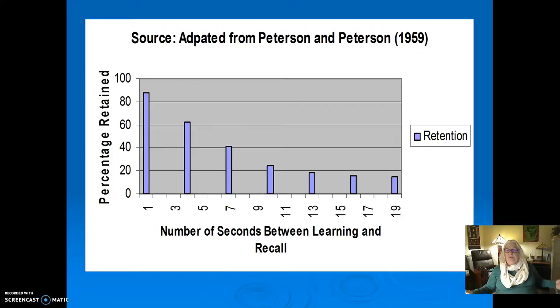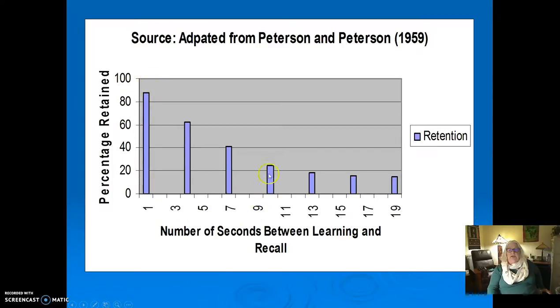Peterson and Peterson's research suggested that information stays in working memory without rehearsal less than 20 seconds. Can you see that at 1 second, 88% of the information is retained, which means that about 12% is lost.